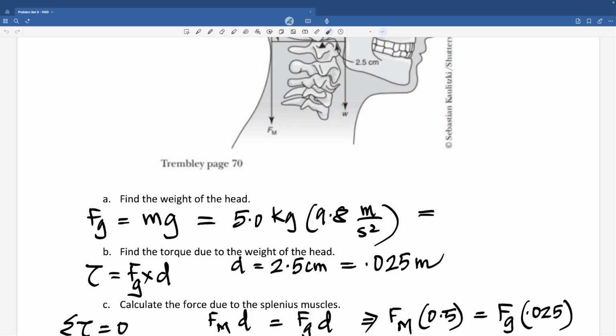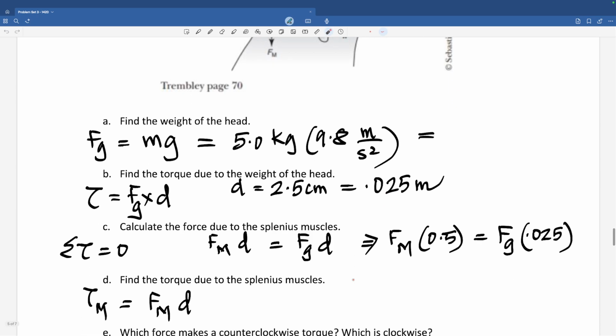Okay, so to find the torque, you multiply the weight, which we have here, with the distance, right? Which is here. Then again, in the same way, counterclockwise would be the force due to the splenius muscles with the distance. Now, we know the distance, but we do not know this force.